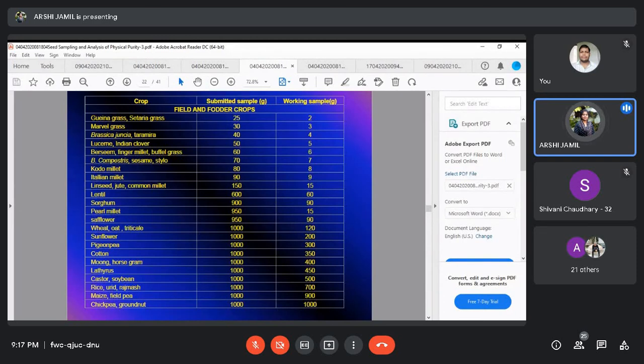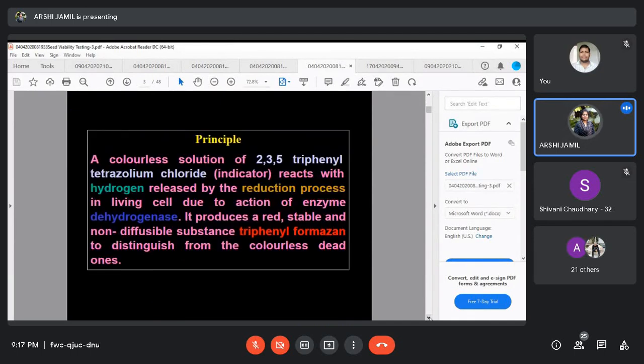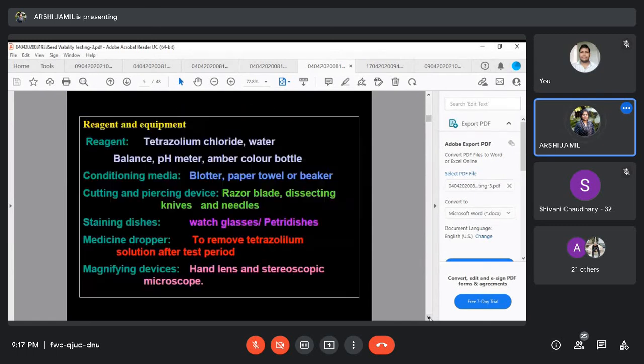Okay, now coming to seed viability test. What do you understand by seed viability?